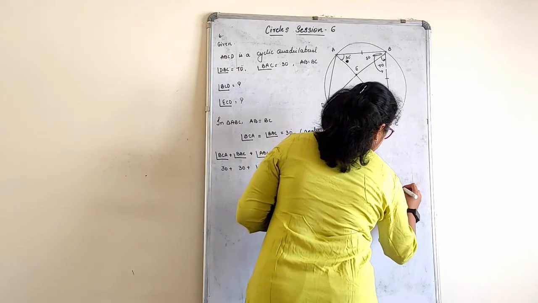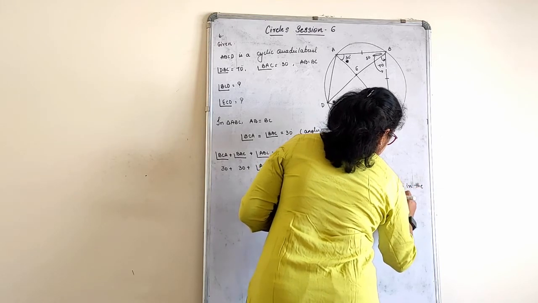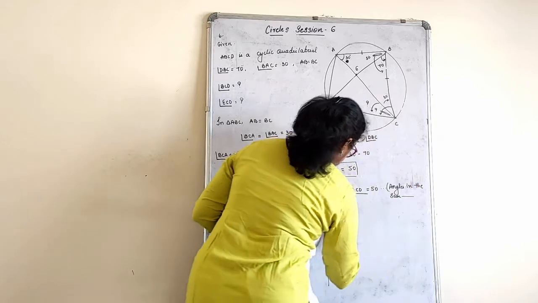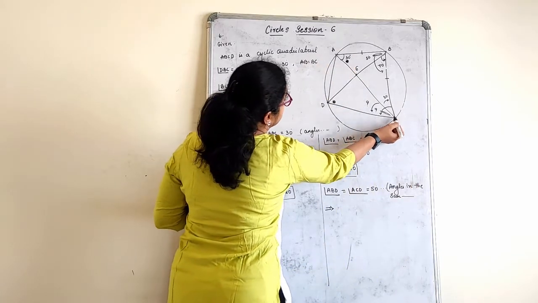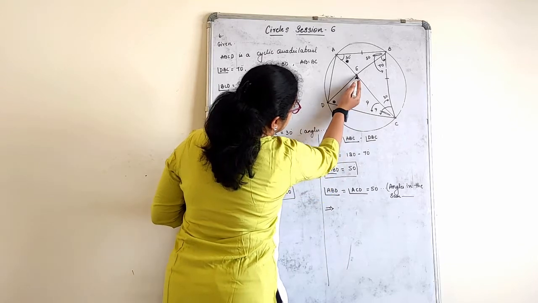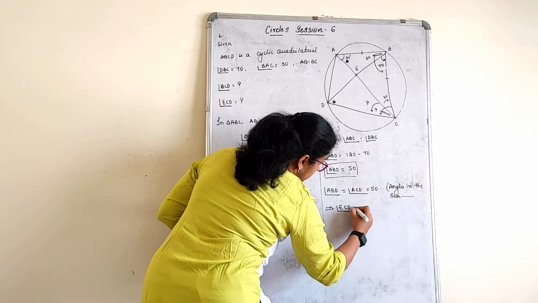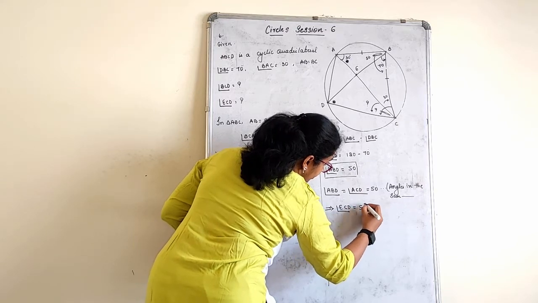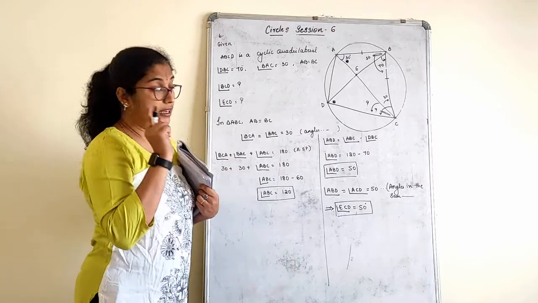Angles in the same segment are equal. This implies ACD is what? ACD is nothing but ECD. Angle ECD is equal to 50 degrees. Very clear, children?